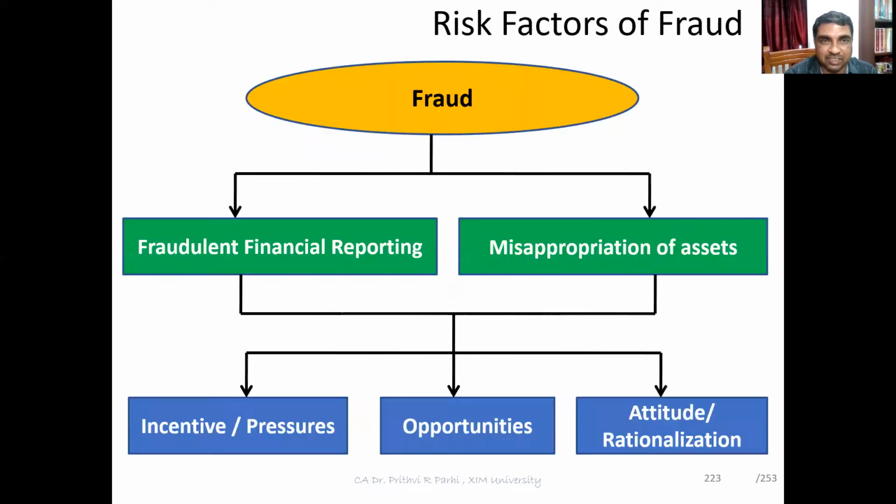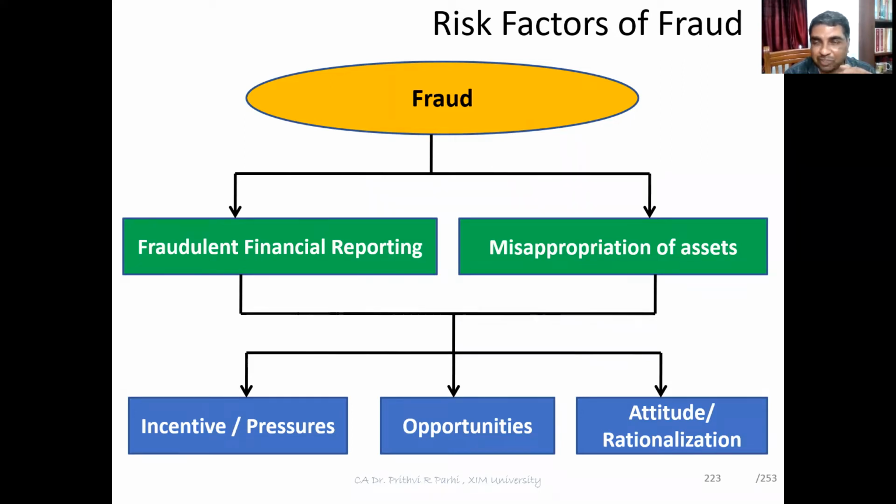Then let us today start from this point. One thing is that fraudulent financial reporting and misappropriation of assets are the two possibilities of fraud. Fraud may happen in the area of financial reporting, or assets might have been misappropriated. Now, in that context, why does this happen?